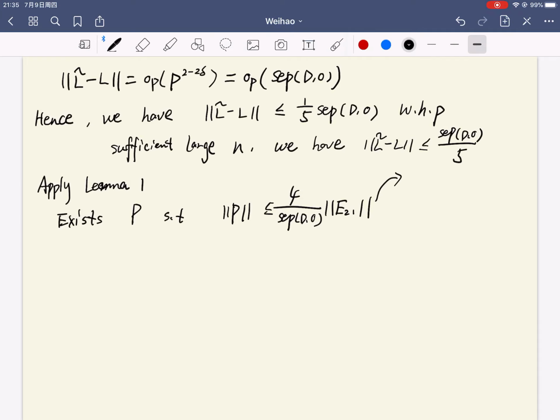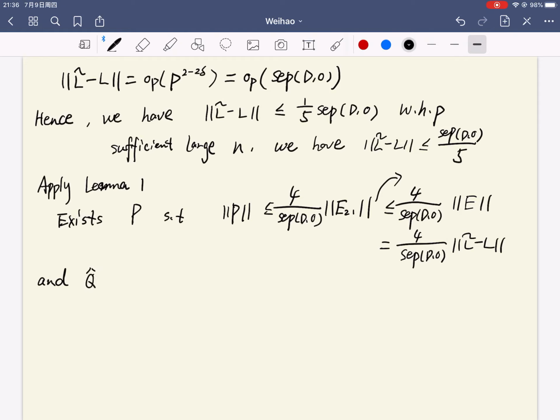So we can further enlarge this term, which is, and Q is estimated by the estimator given by the formula, where B is the orthogonal complement of Q. Then we can analyze the rate of convergence in L2 norm.